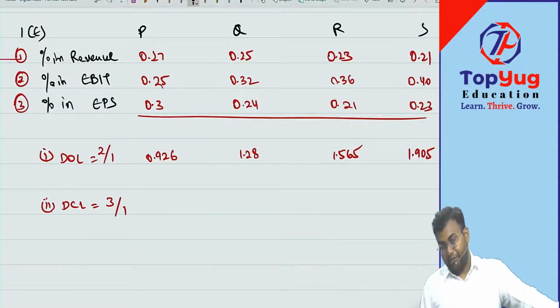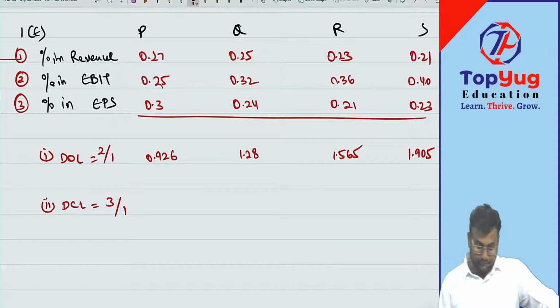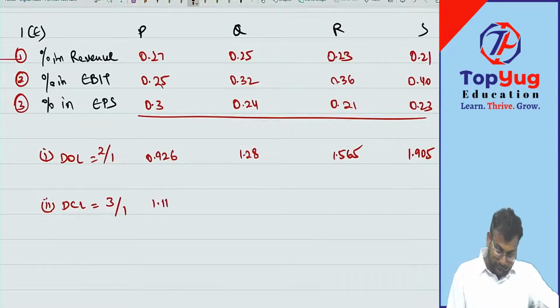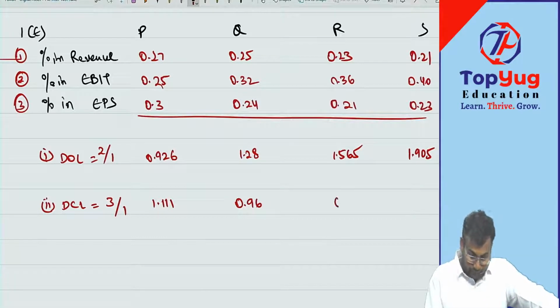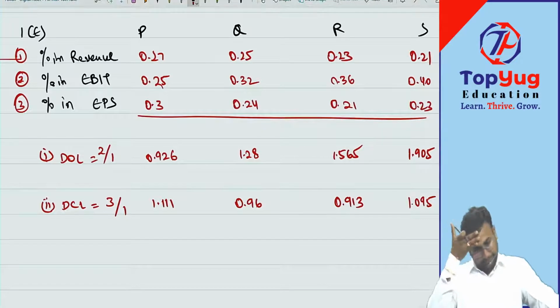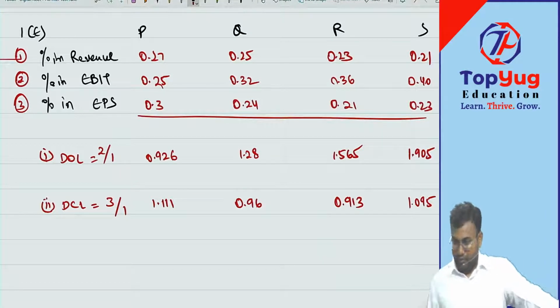Degree of combined leverage should be 3 by 1. Done.